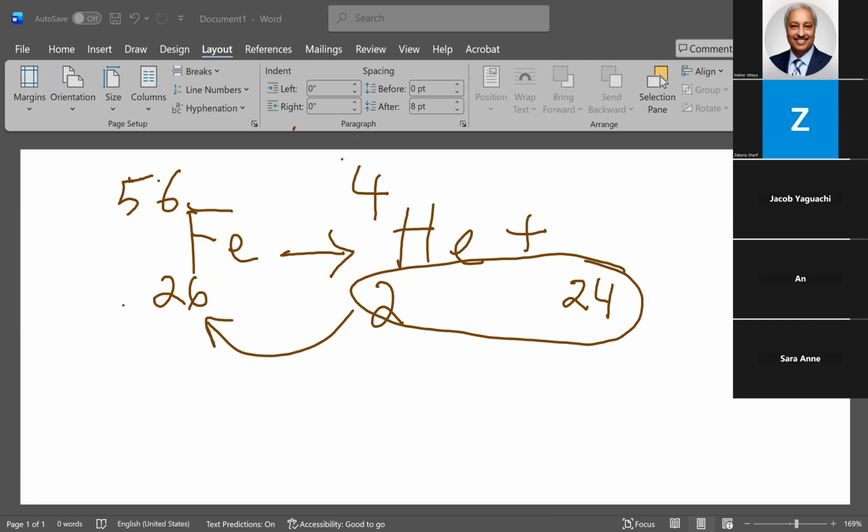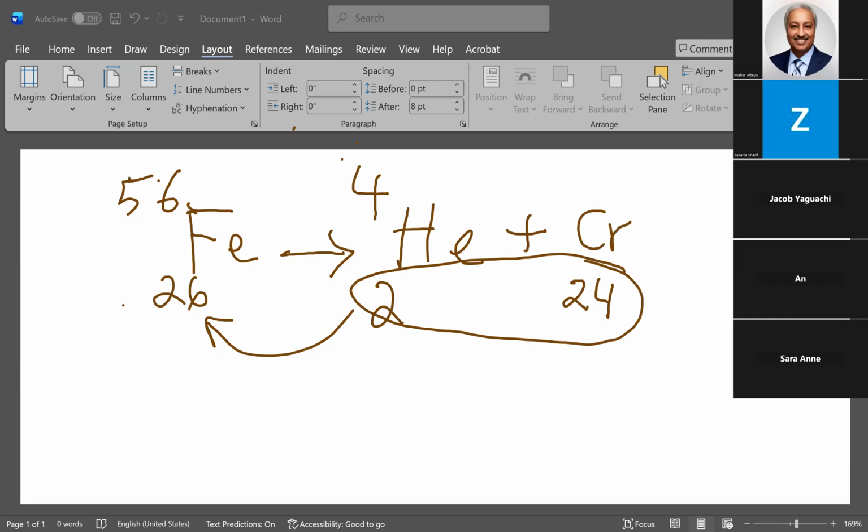24 plus 2 makes 26. First we get the element, and we'll do the atomic mass later on. What is the element in the periodic table that has atomic number 24? You go back 2 to the left of 26. Chromium, Cr.